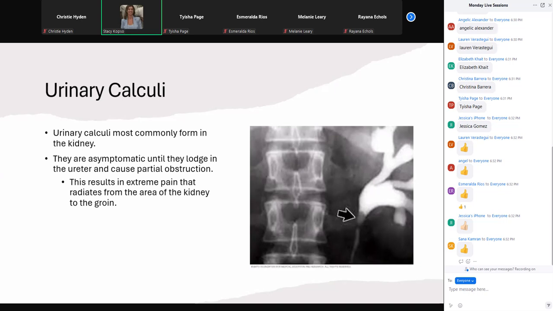And patients, once they move down into the ureter like that, if they're big enough to cause an obstruction, they're going to have a severe amount of pain in their back. Most of the time they tell you just have to wait for it to pass. If it's too big and they don't think it's going to pass, then they'll blast it. Best way to prevent kidney stones is drink lots of water.